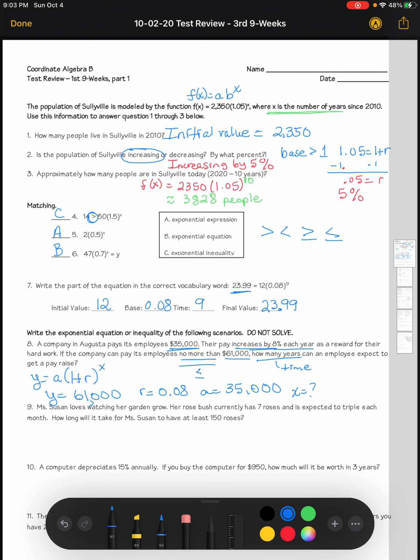So if we write it in our format, y is equal to a times 1 plus r raised to the x power. Our y is 61,000. Since they cannot make no more than 61,000, we know it's going to be greater than or equal to.